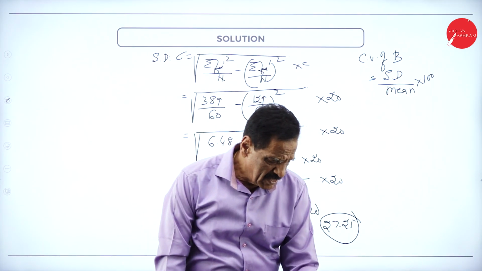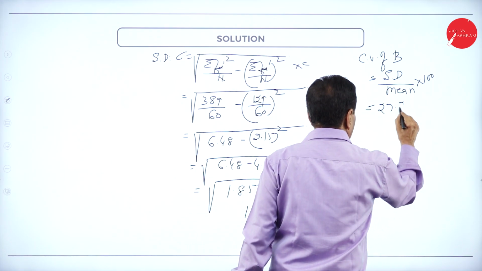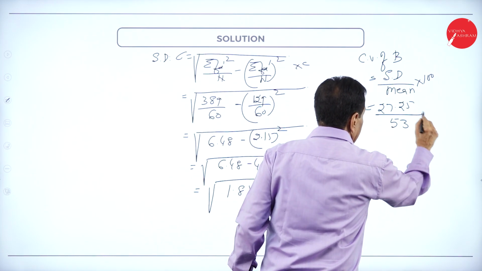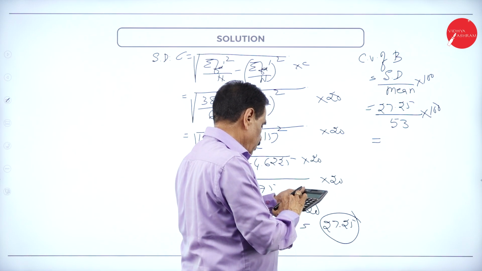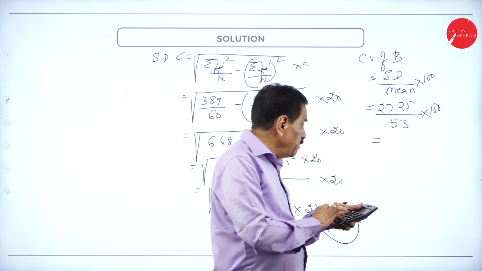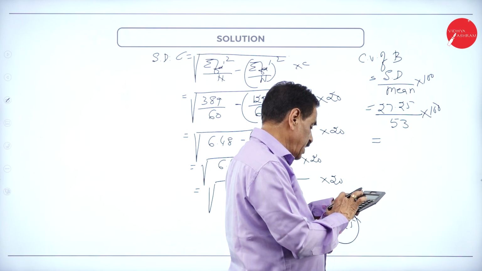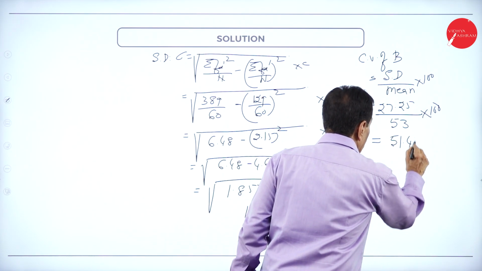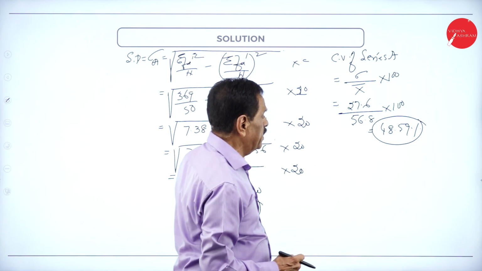Standard deviation is 27.25, your mean is 53, into 100. 27.25 into 100 divided by 53 is 51.41 percent. What is CV of A? CV of A is 48.59.